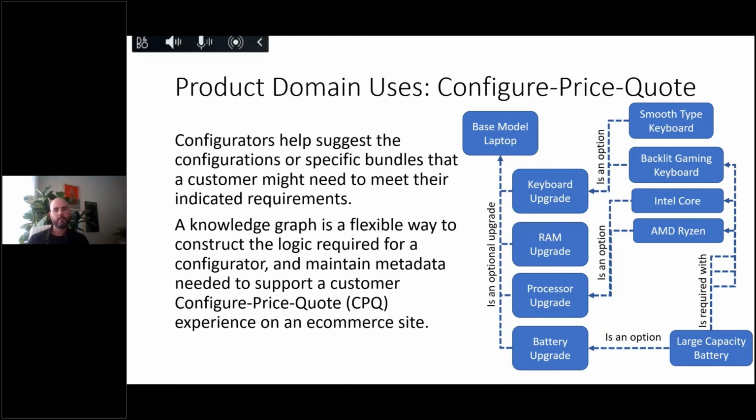So do you want this laptop with a processor upgrade? Well, that means it requires more power, so you also have to have a battery upgrade. These explicit relationships, which are mapped within the knowledge graph web, really allow these engines to serve up all the parts, all the options in a really intelligent way.